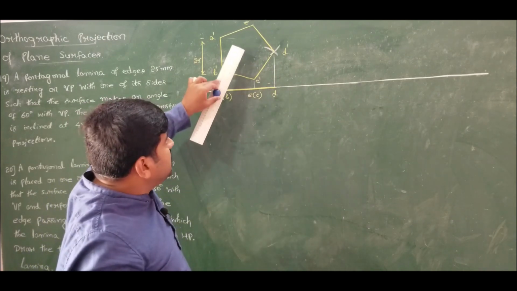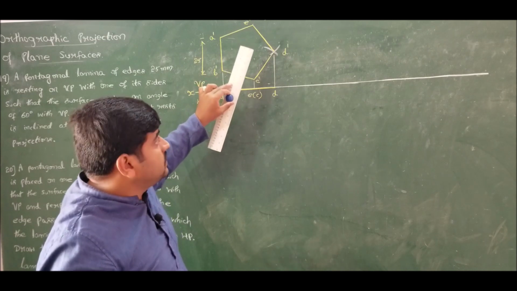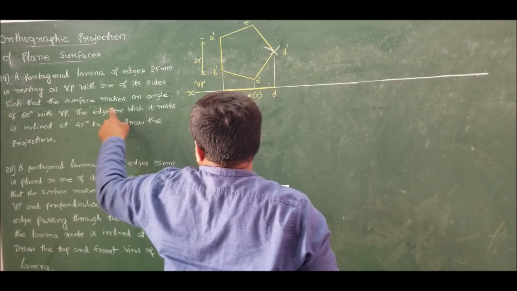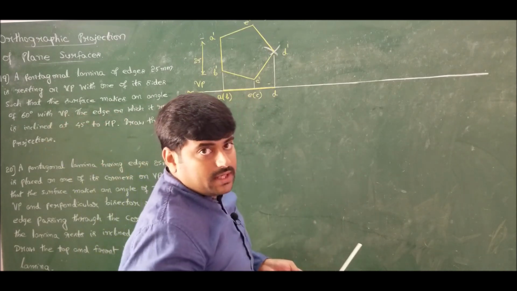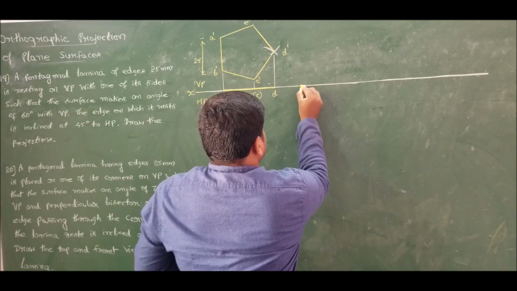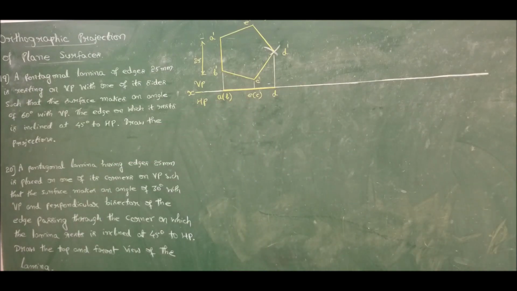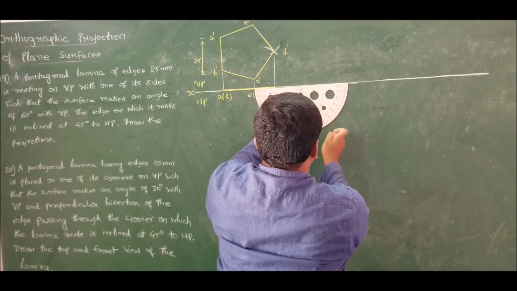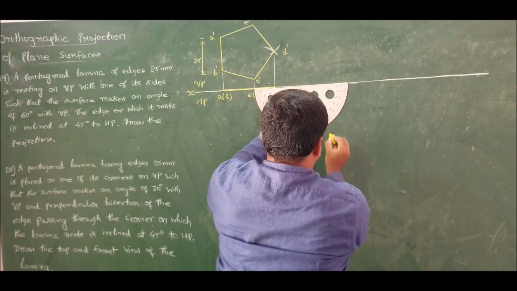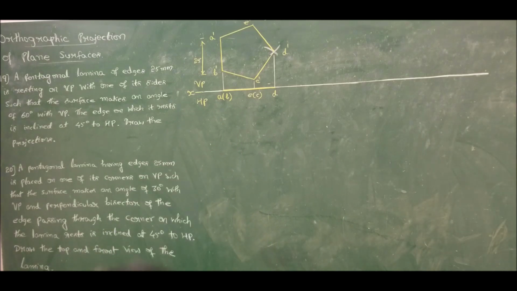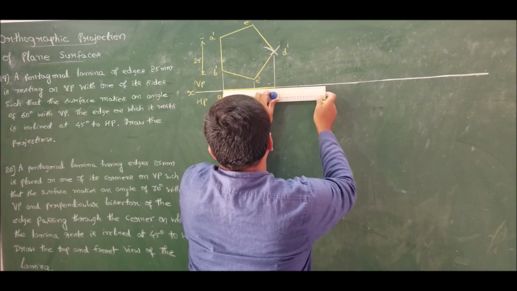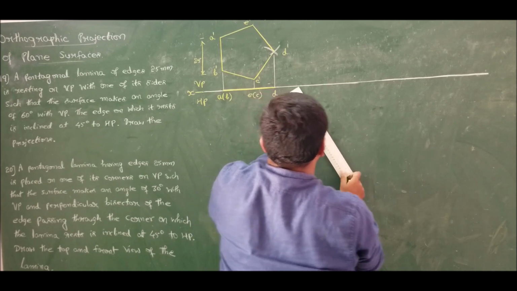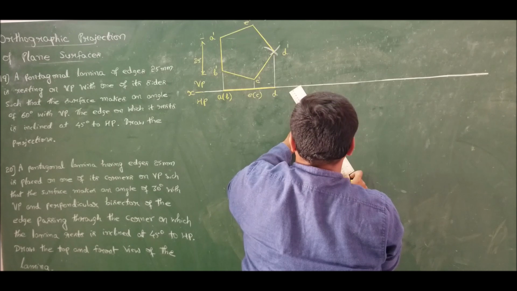Now since the laminae is resting in vertical plane, I should show inclination with respect to VP itself in the second position. The laminae is inclined at an angle of 60 degree to VP. So therefore, draw 60 degree. Measure 60 degrees and transfer the laminae at an angle of 60 degree.